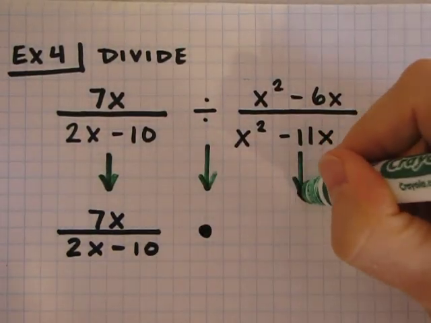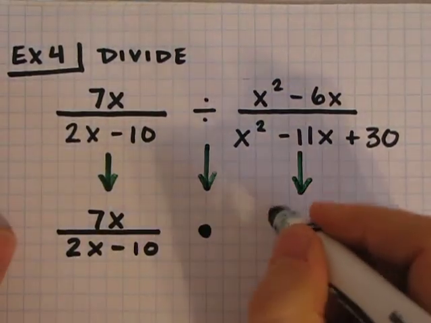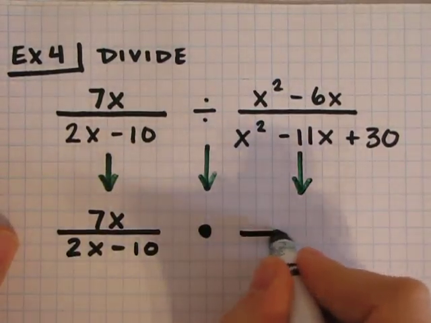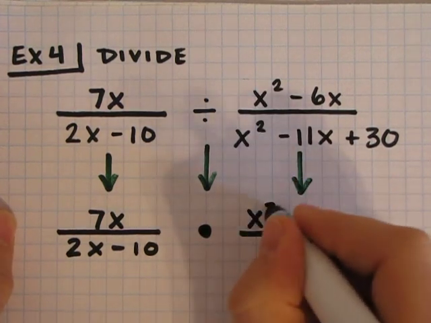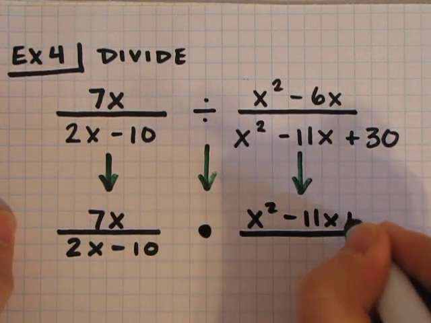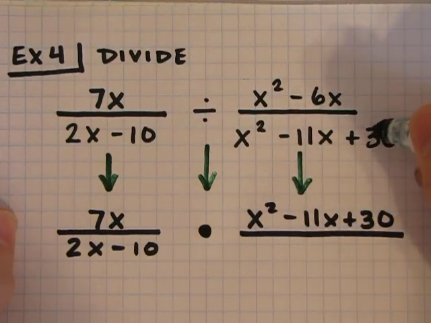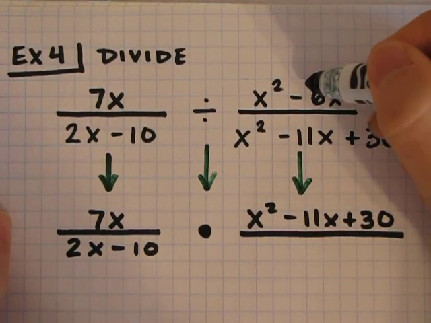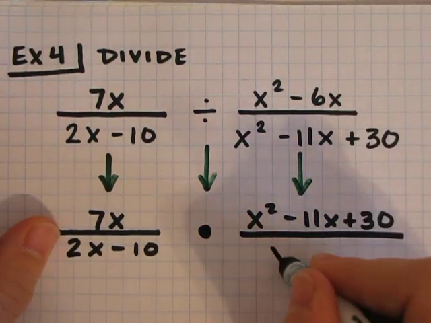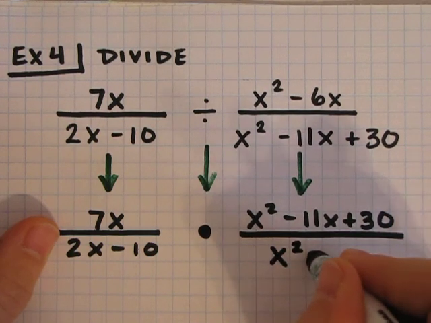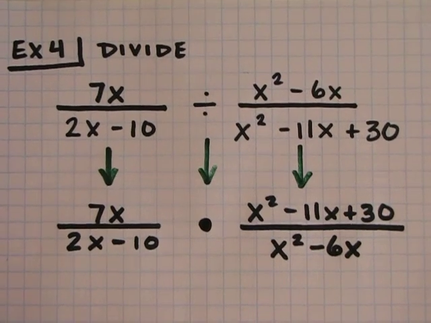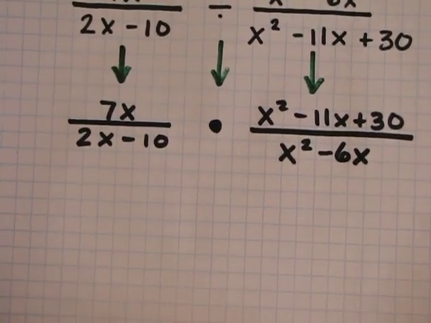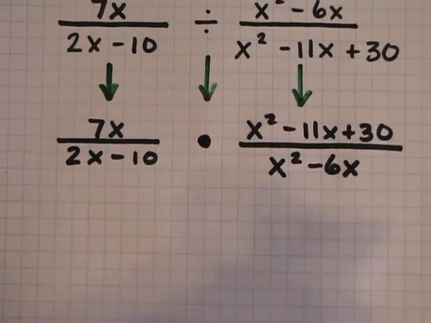And then flip the second fraction so that we get a fraction, but its numerator is going to be the x squared minus 11x plus 30. See, that went to the numerator. And then the original numerator is going to go to the denominator. So here's our new problem.